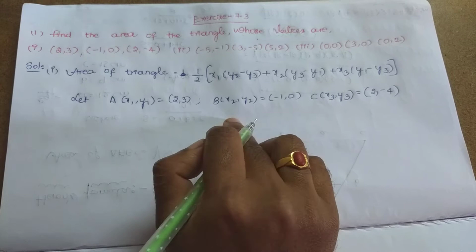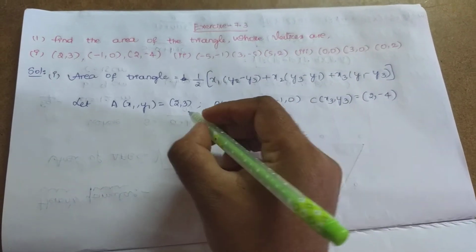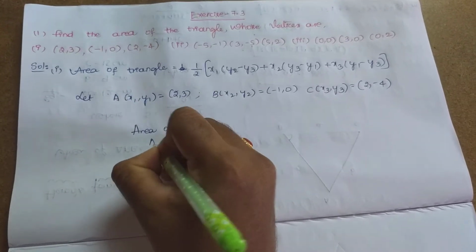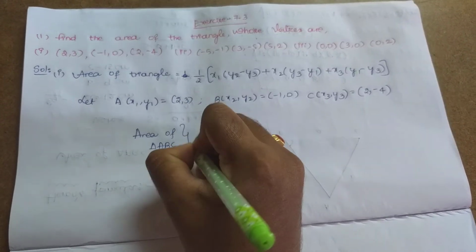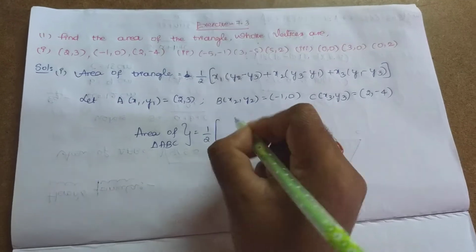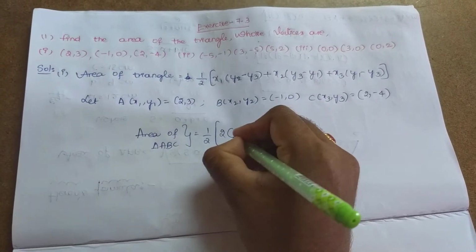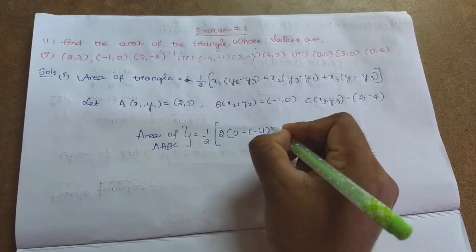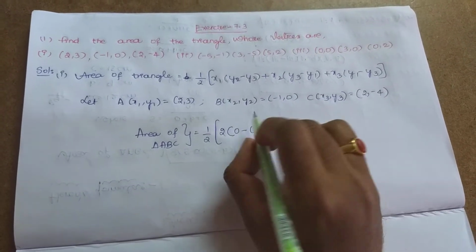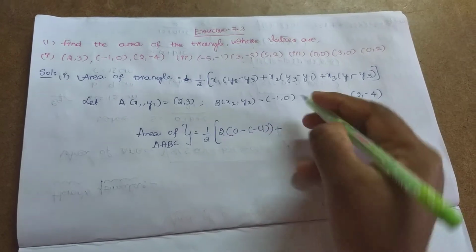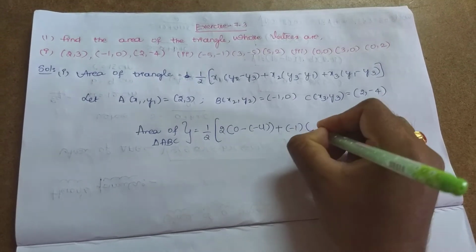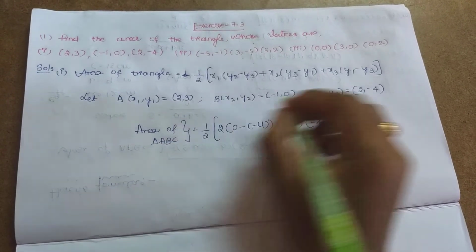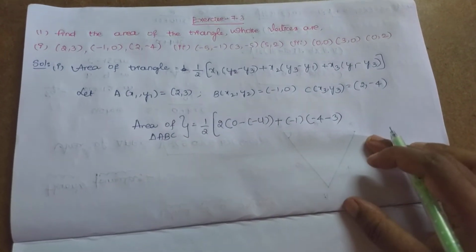So let's substitute the values in the formula. Let's see what we get. Area of triangle ABC equals 1 by 2 into, what is x1 here, 2 into (y2 minus y3), so 0 minus of minus 4, plus x2 is minus 1 into (y3 minus y1), here it is minus 4 minus, what is y1, it is 3, correct?